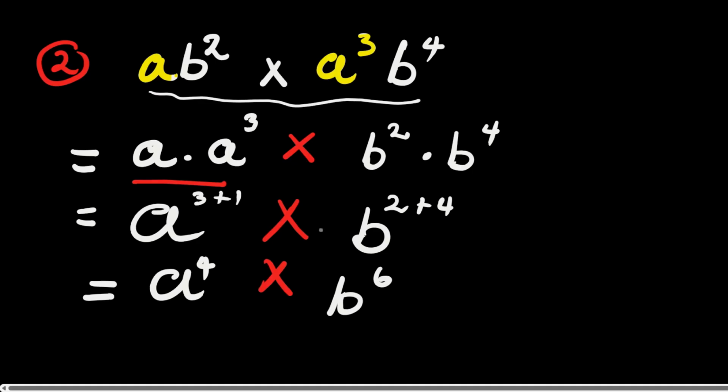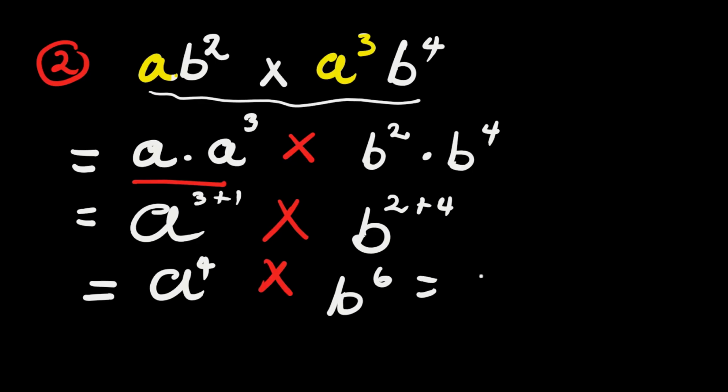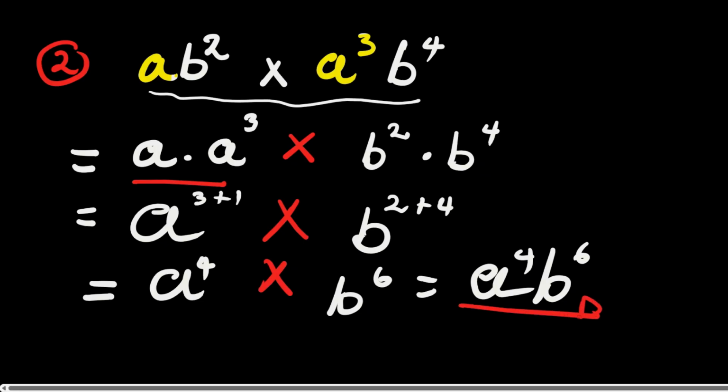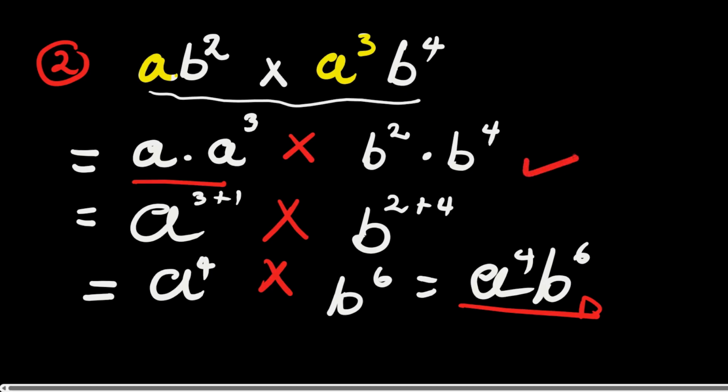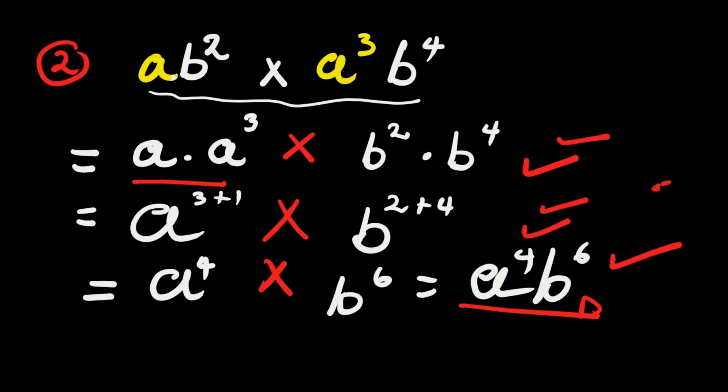And this makes our final answer. You can rewrite it this way: a to the power 4, b to the power 6. And that is our final answer. And here, let's say our mark allocation is 5 marks. 1, 2, 3, 4, 5.